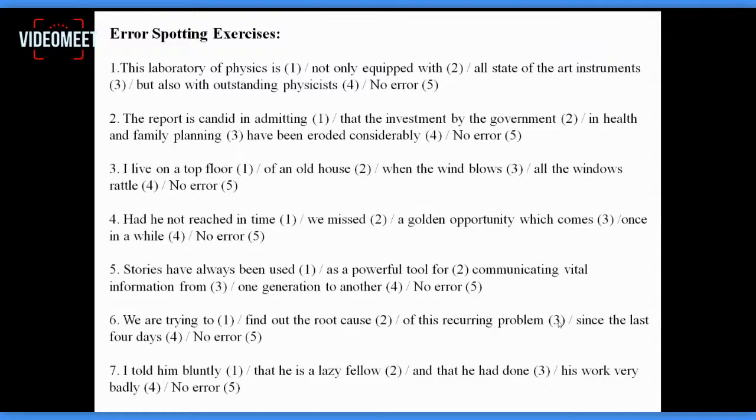So if I am talking about something that has happened in the past, my principal clause, that is I told him bluntly, has already happened. How could I say that he is a lazy fellow? I would use the same tense here, that he was a lazy fellow, right? Subordinate clause and principal clause should always have the same tense.